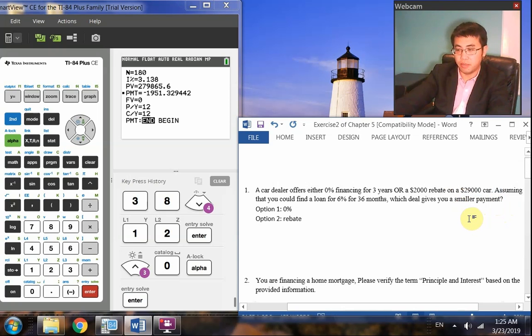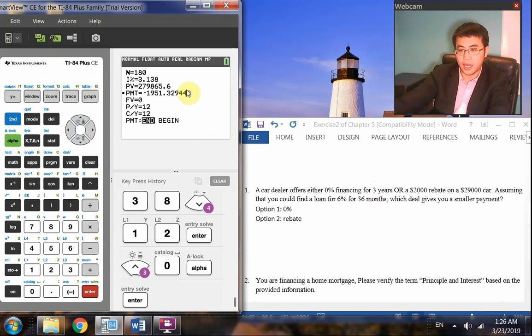And the payment will last for 3 years, either through the 0% financing or a loan with 36 months, which is also 3 years. So basically, you need to calculate the monthly payment 2 times, one for option 1 and one for option 2. All right, so now let me get to my calculator.